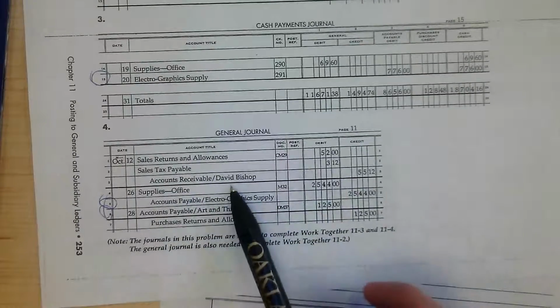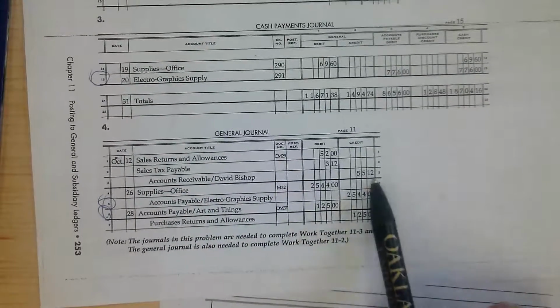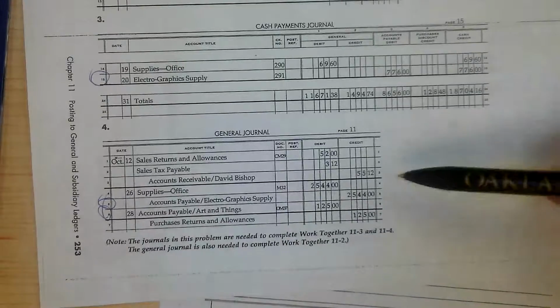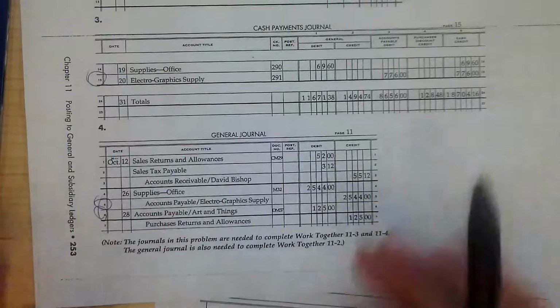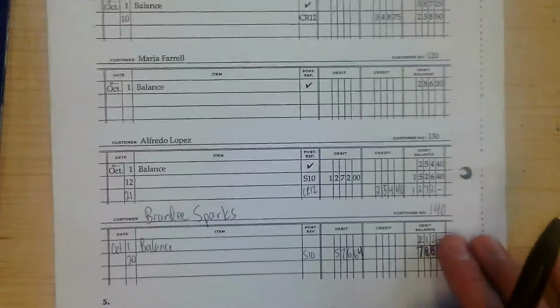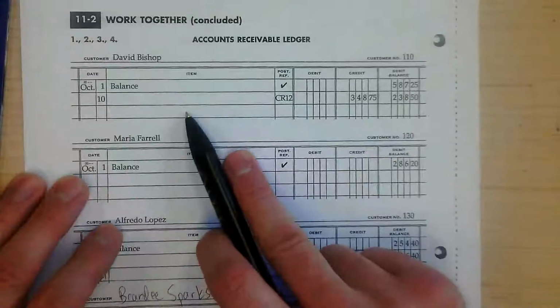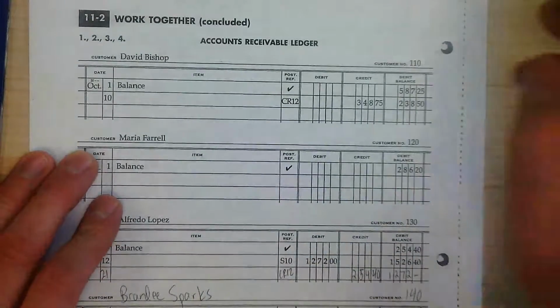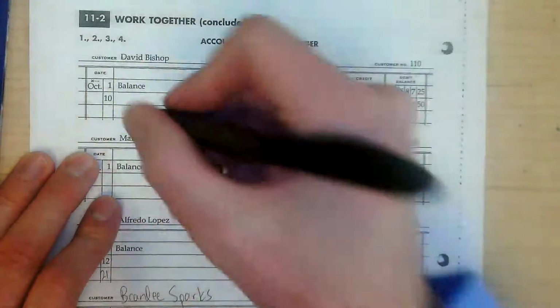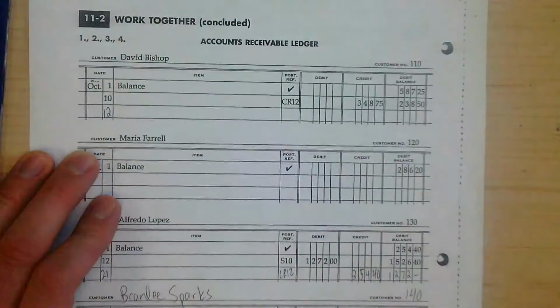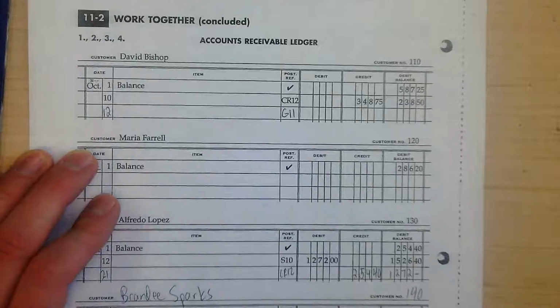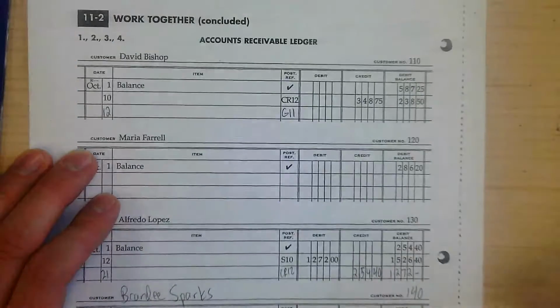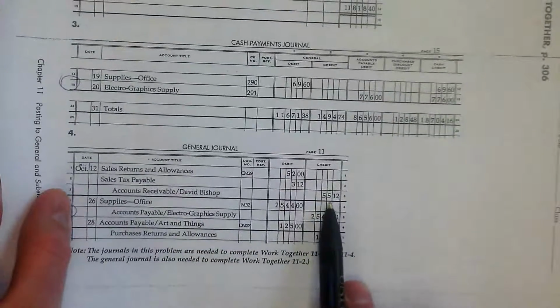So we have to decrease David Bishop's account receivable by 55.12 because he returned some of our sale items. So David Bishop, on the 12th, from the G11, has a credit of 55.12.